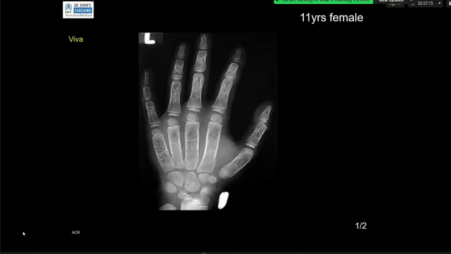This is maybe expansion of all the bones. This will be metabolic. Maybe hyperparathyroidism, due to generalized osteopenia associated with this expansion.